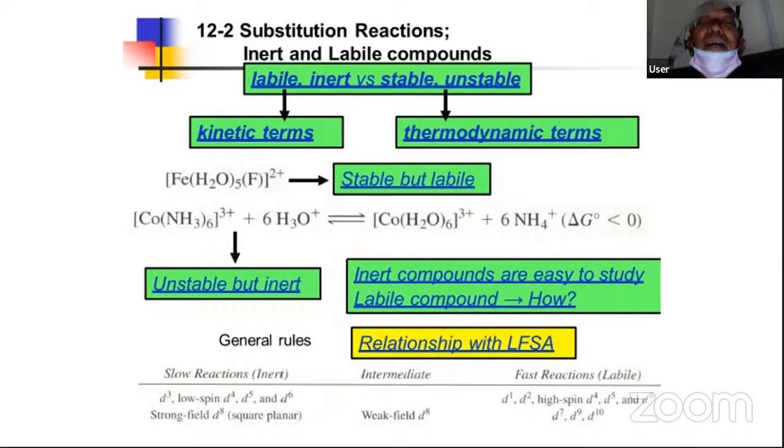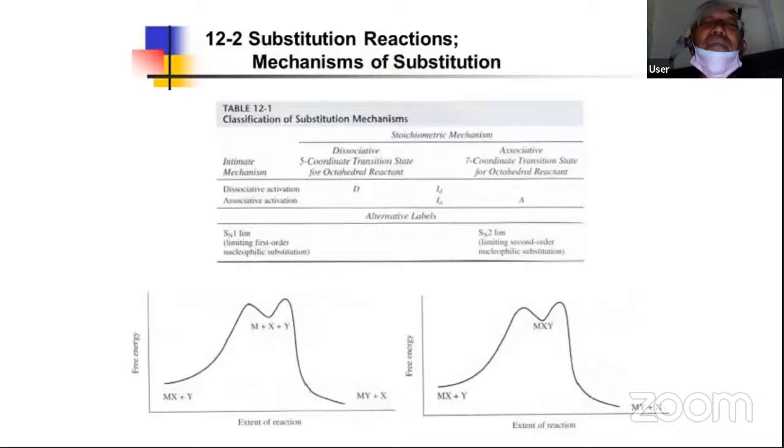Don't forget, we are trying to establish the mechanism. Now, just touch a little bit on the mechanism again. You can classify them. I just want to remind you we focus only on dissociative and associative. And you can write the energy profile. These are the intermediates.